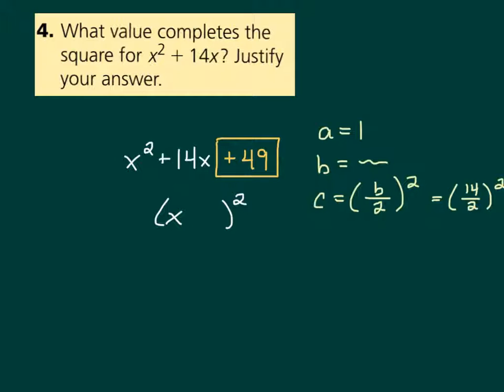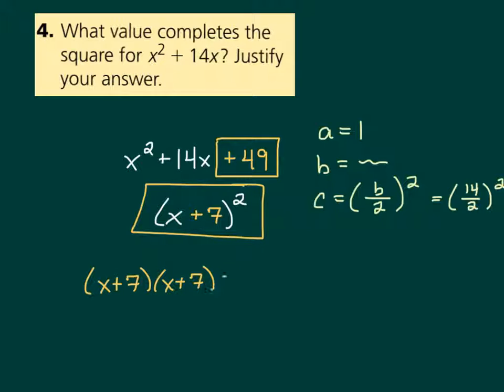And if we have x squared plus 14x plus 49, that factors as x plus 7 squared. Which we can check by taking x plus 7 times x plus 7, and foiling it, we get x squared plus 7x plus 7x plus 49, which is x squared plus 14x plus 49.